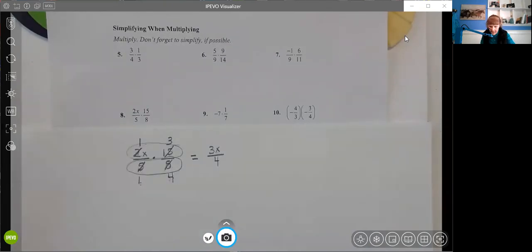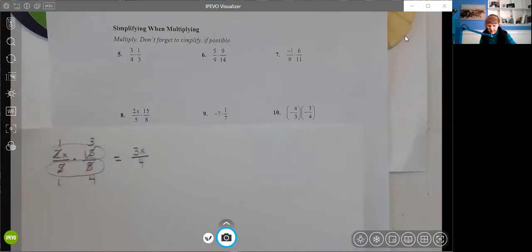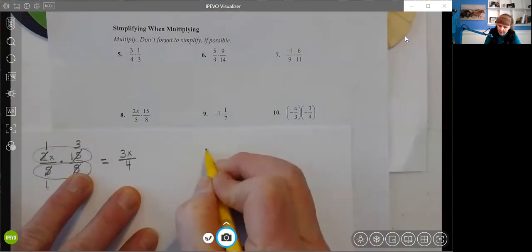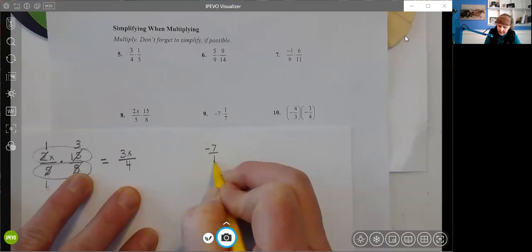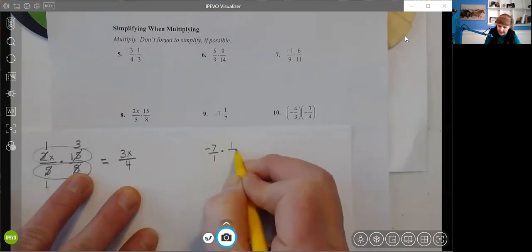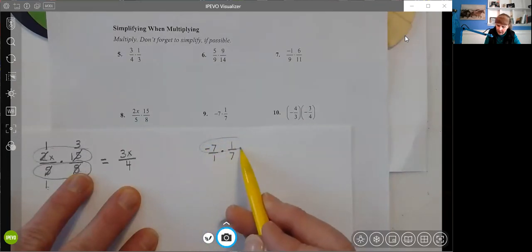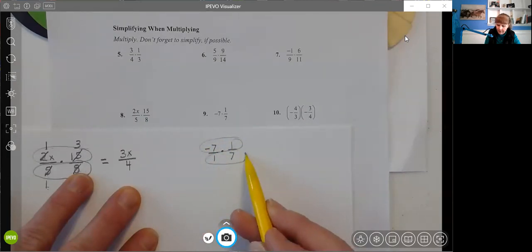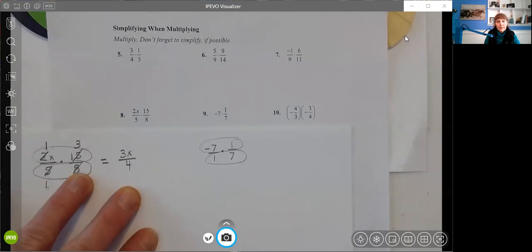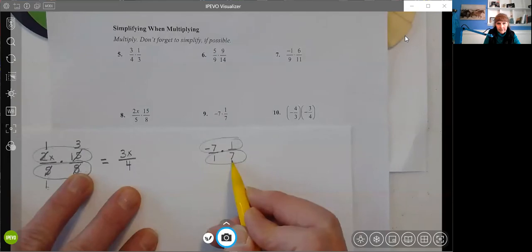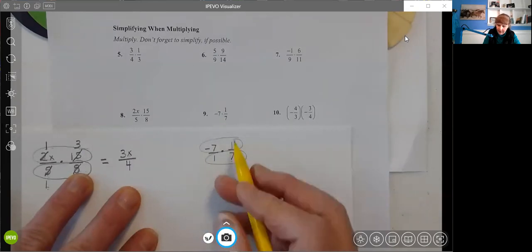All righty. Let's look at number 9. We have a -7, so we know we put our whole numbers over 1, times 1 over 7. And again, I can reduce anything here with anything here. I know that 7 goes into 7 and 7 goes into 7. So let's divide both of those by 7.